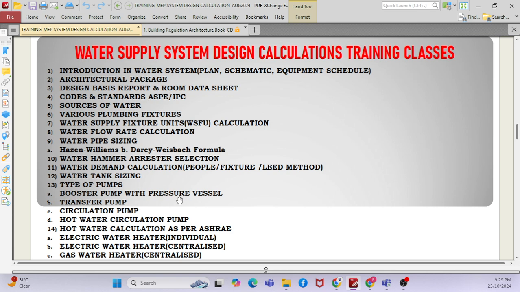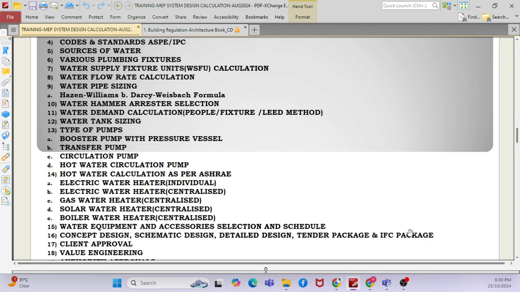All that combined activity you will deliver as an IFC package. So it will go through multiple design stages: concept design, schematic design, detailed design, tender package, IFC package, right? You cannot prepare the IFC package in one shot. You have to go through the multiple stages.